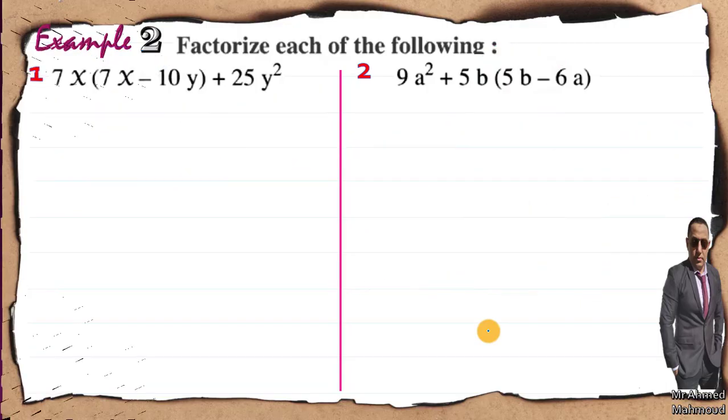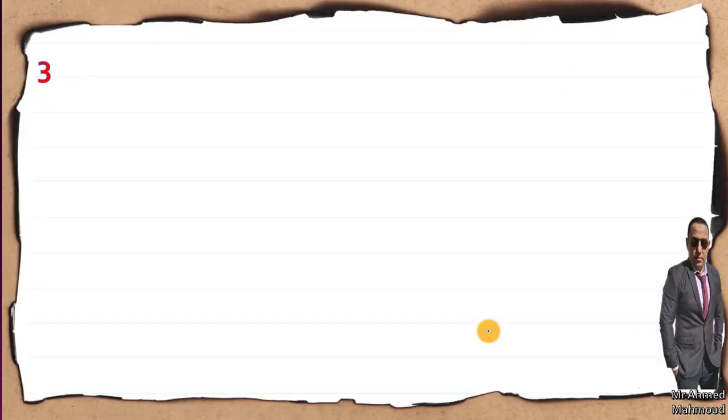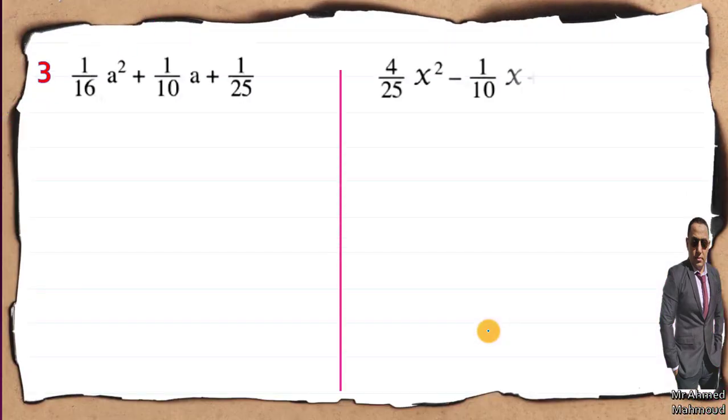Another one. Okay, here, number 3. By looking at this one carefully, I have now 1 over 16 is a square, its root is 1 over 4. 1 over 25 is a square, its root is 1 over 5.